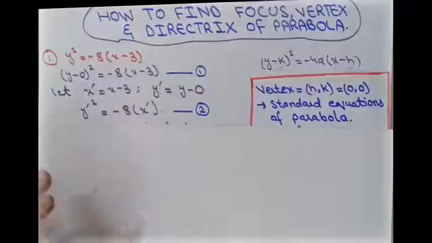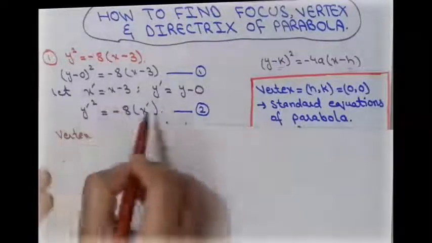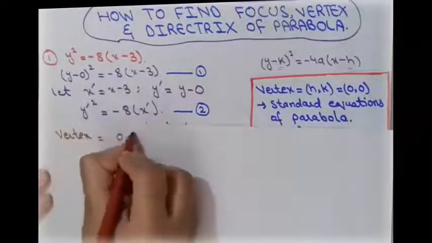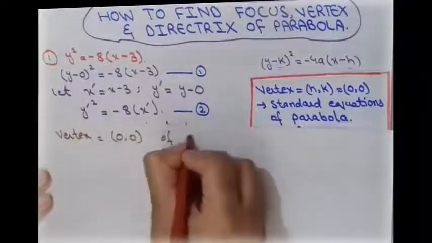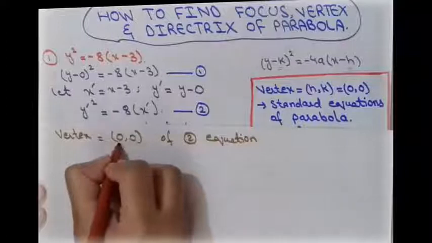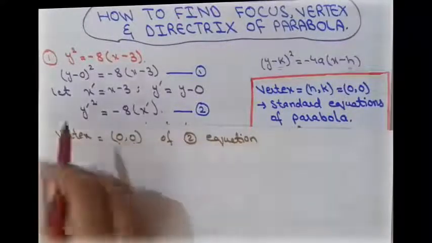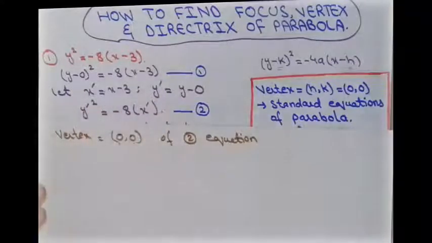So the vertex of this equation, because in that case the vertex is at the origin, is the vertex of the second equation. This is the x dash coordinate and this is the y dash coordinate, but we are interested in finding the coordinates x and y.